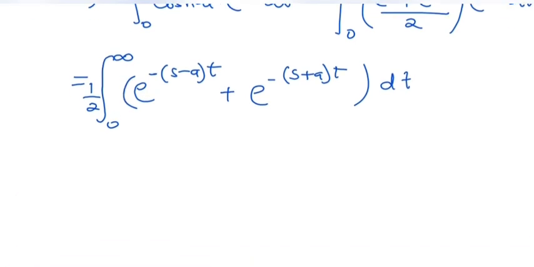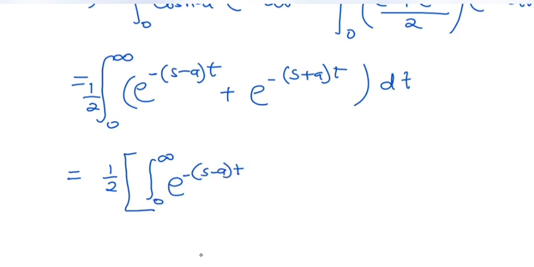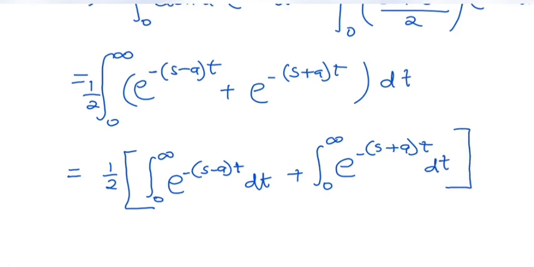Okay guys, and with this you have 1 over 2, open a bigger bracket, you can separate the integrals, 0 to infinity e to the negative (s minus a) t dt plus integral 0 to infinity e to the negative (s plus a) t dt. And we know what that says.